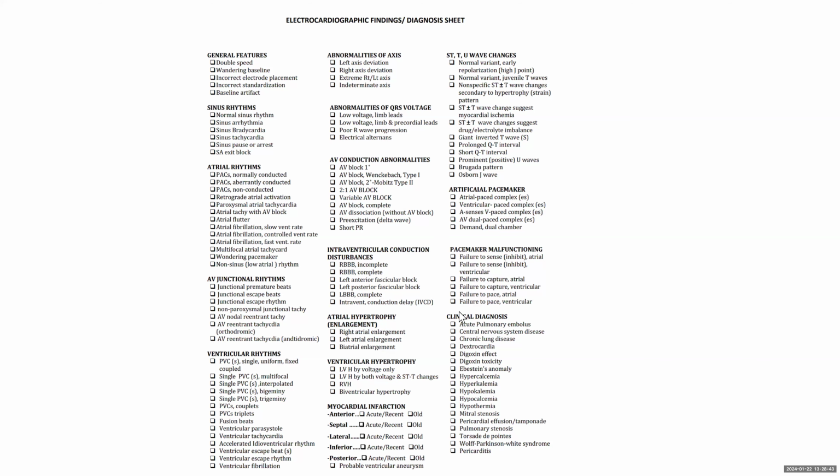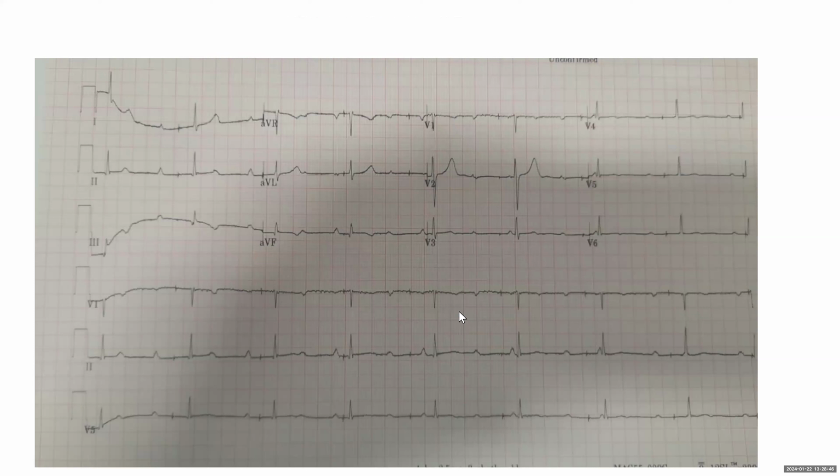What about inferior Q waves? Yeah, these are not pathologic, right? They're not 40 milliseconds in width. I think you have enough codes where you're sure they're correct, better than guessing with other things.